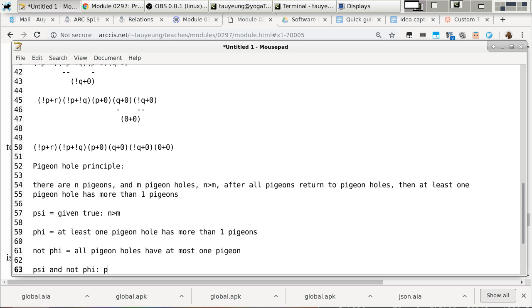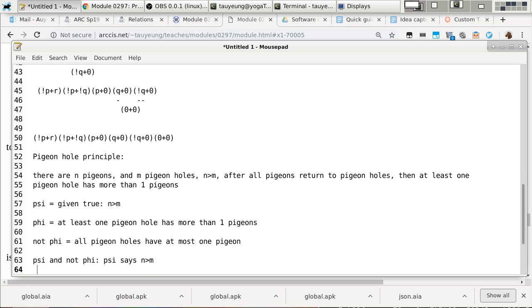Well, you think about it, right? So psi says m is greater than n is greater than m. Okay, that's just given to you. What about not phi? Not phi implies the following. What does it imply? It says every pigeonhole has at the most one pigeon, and we have m pigeonholes, right?